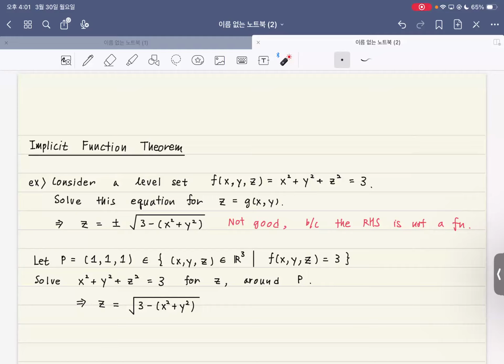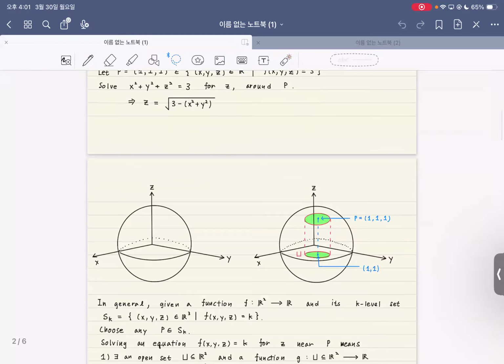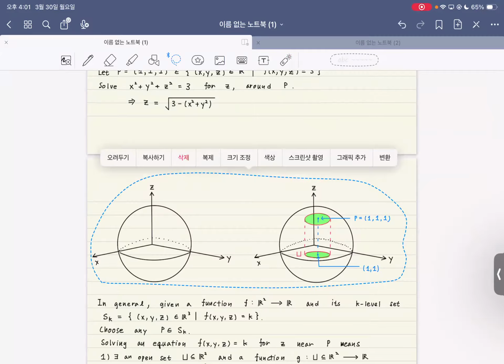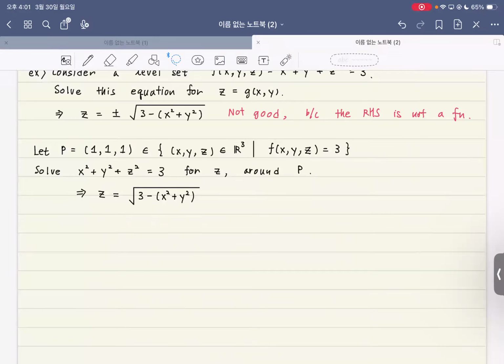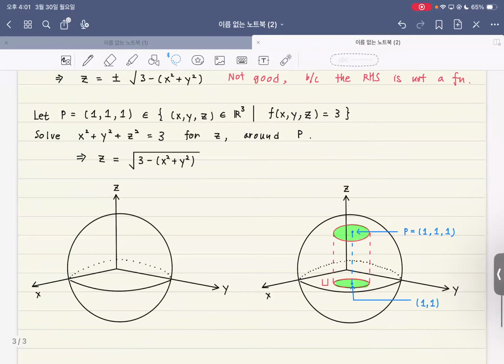Around this point, that means, okay, this is the level set. x squared plus y squared plus z squared is 3. This is our level set.